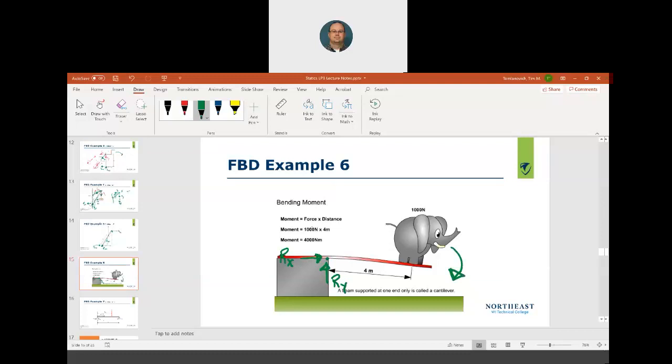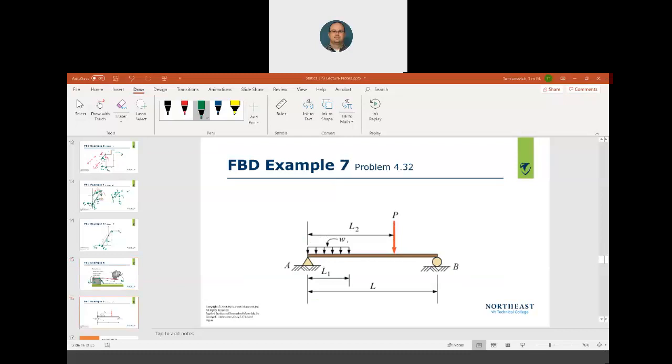So there's a moment, the reaction moment, at this point. So we have an opposite reaction moment keeping this diving board from pulling onto the ground. Again, we can assume the sense and assume the rotation. So that's a free body diagram of a fixed connection, they call it.